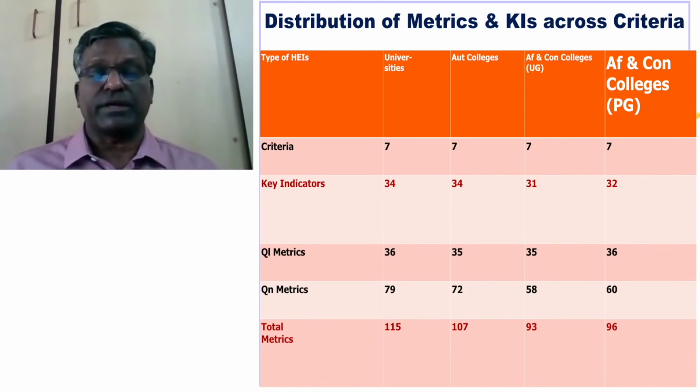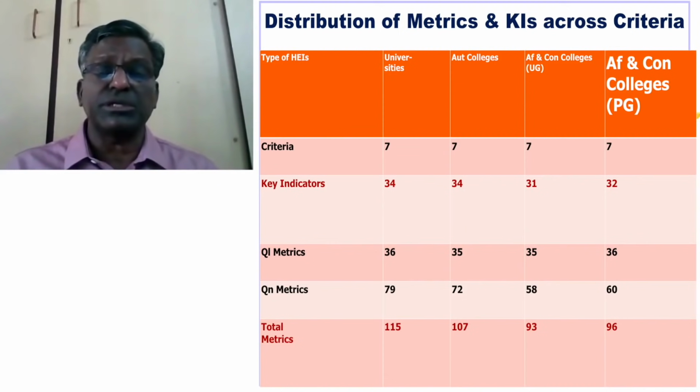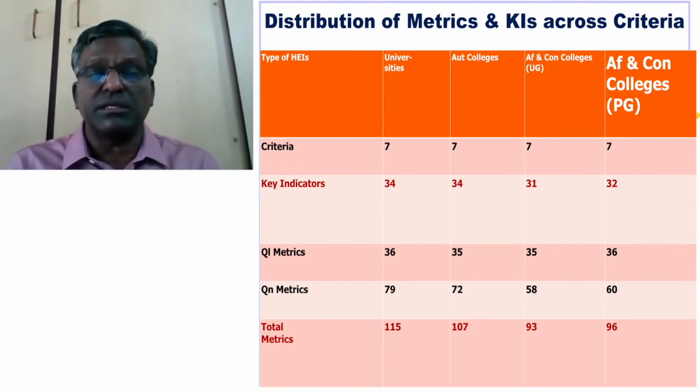Okay, fine. Now, you are familiar with the term criteria, 7 criteria. Key indicators, these are the key indicators that constitute a particular criterion. So a particular criterion is broken up into different components, and they are the key indicators.